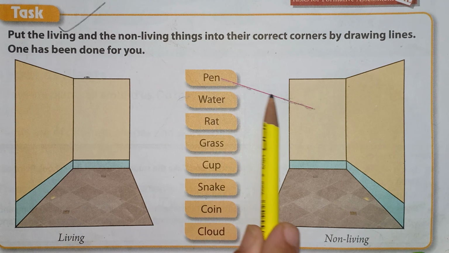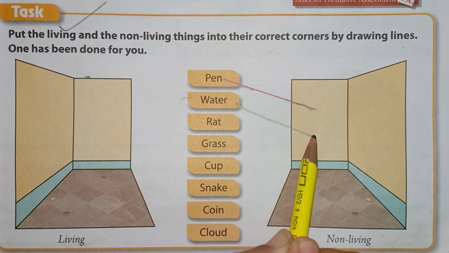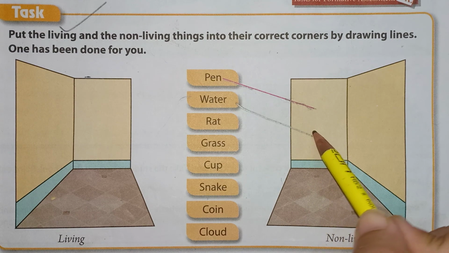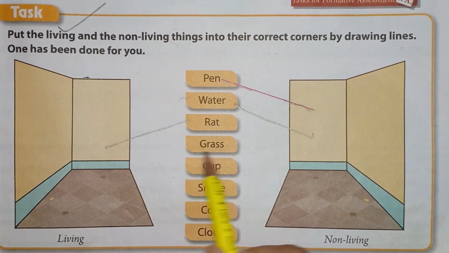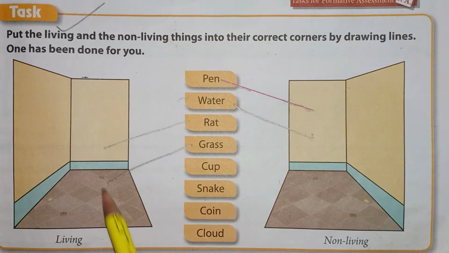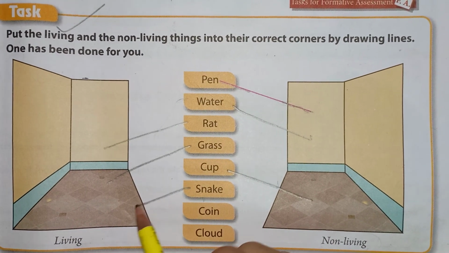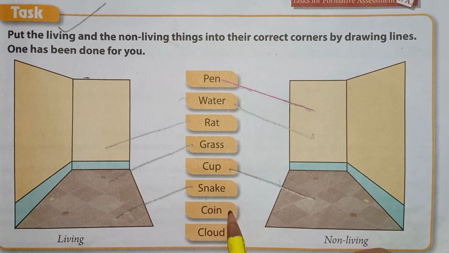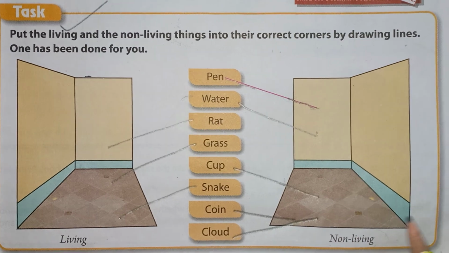So pen is a non-living. Water, again it is a non-living, so I will draw a line towards it. Rat, living. Grass, living. Cup, non-living. Snake, living. Coin, non-living. Cloud, non-living.